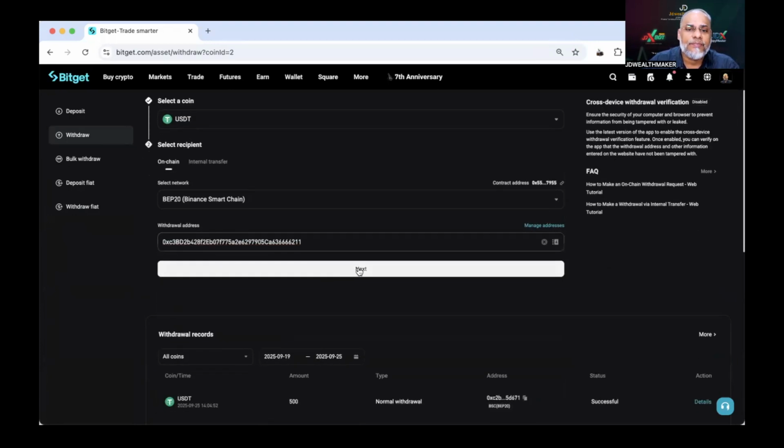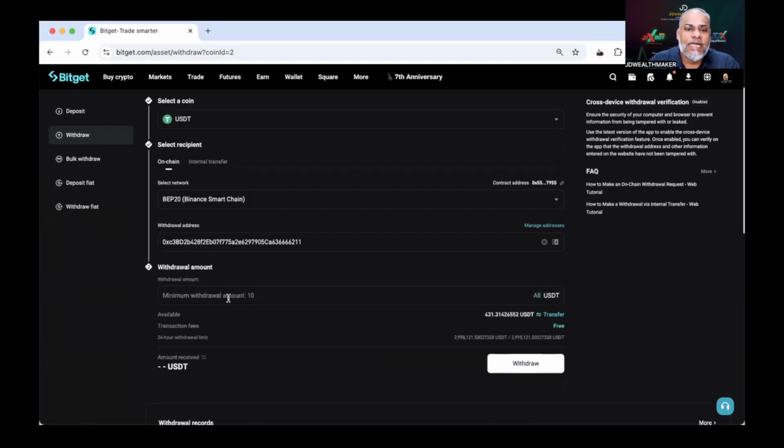Click next. Here you decide the amount; the minimum is $10. I'm going to send about $20, and withdraw this amount.